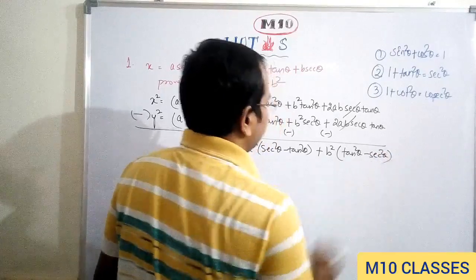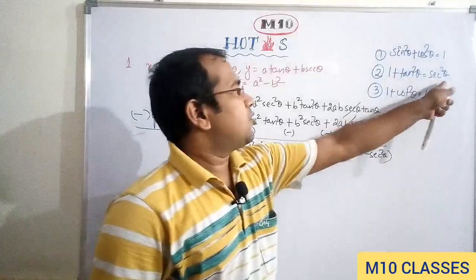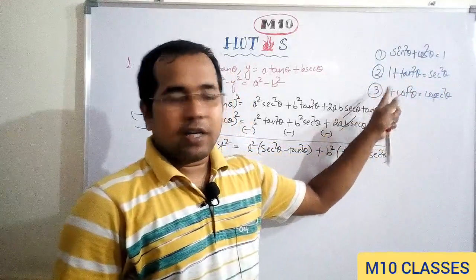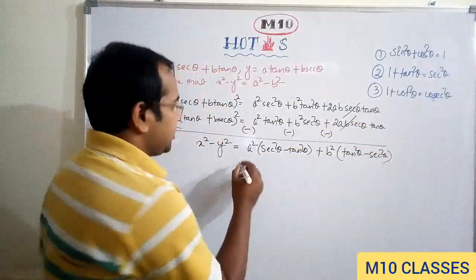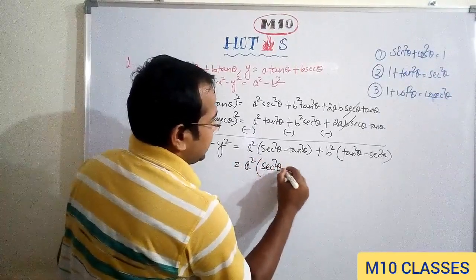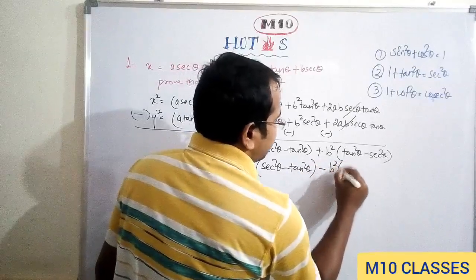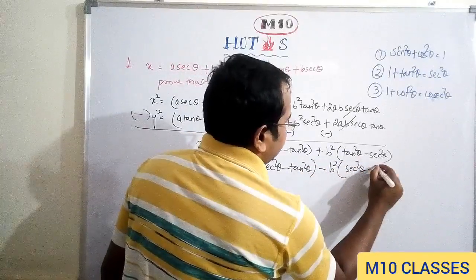Okay, so students, see here, sec square theta minus tan square theta equals 1. If we take minus common here, we will get a square (sec square theta minus tan square theta) minus b square (sec square theta minus tan square theta).